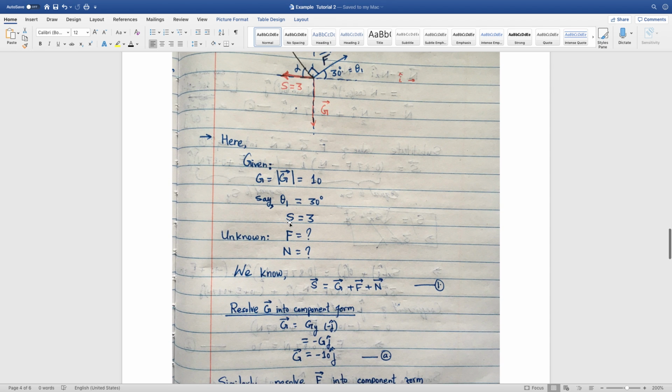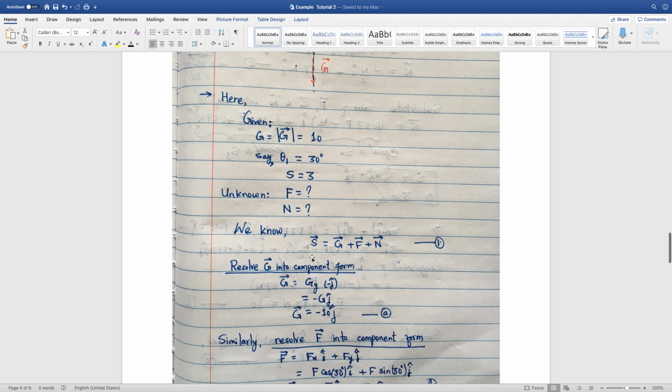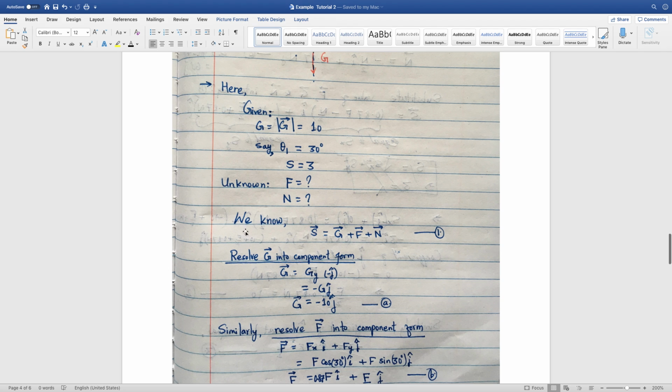The magnitude of vector S is 3, and then the unknowns are the magnitude of vector F and the magnitude of vector N. Okay, and we are told at the beginning of the question that vector S is the sum of these three vectors. So let's label this as equation 1.